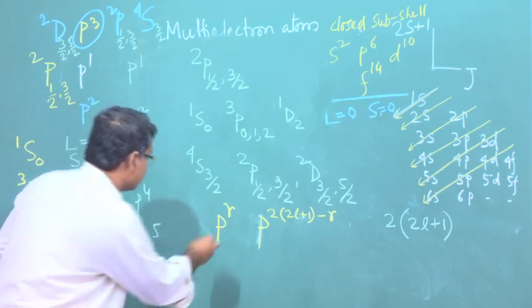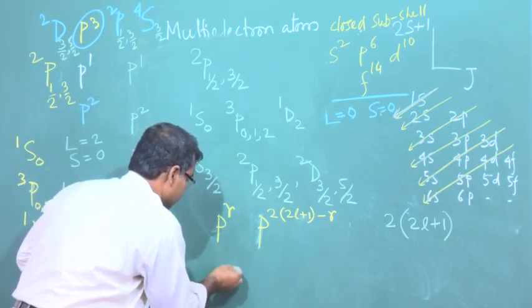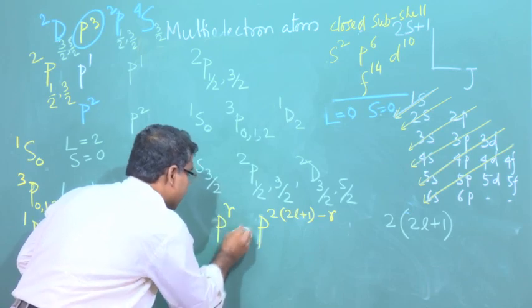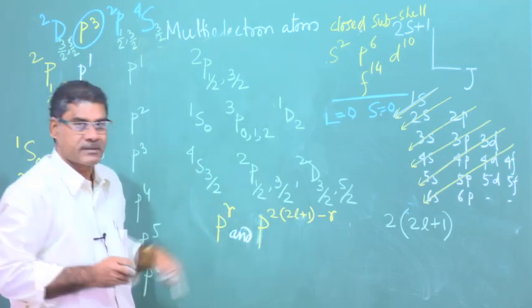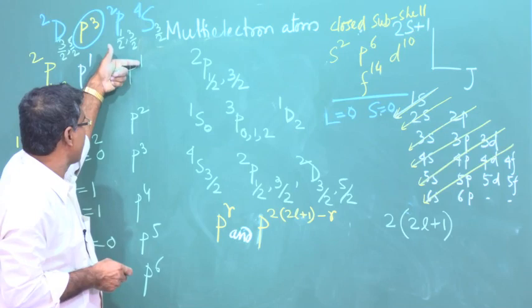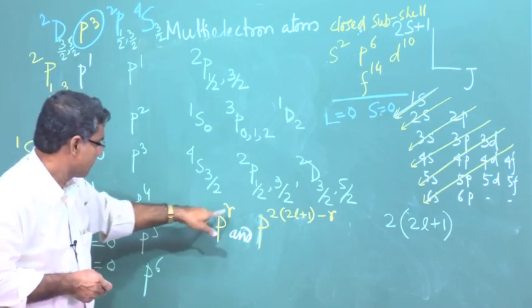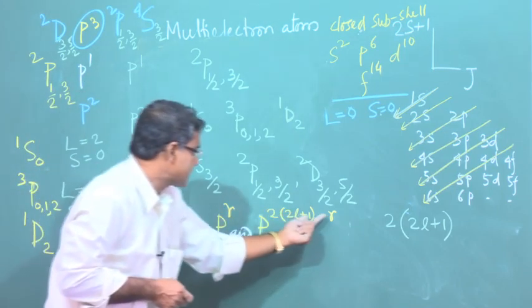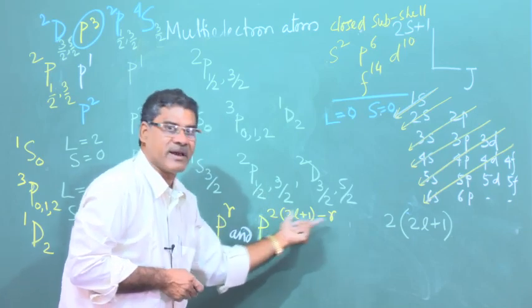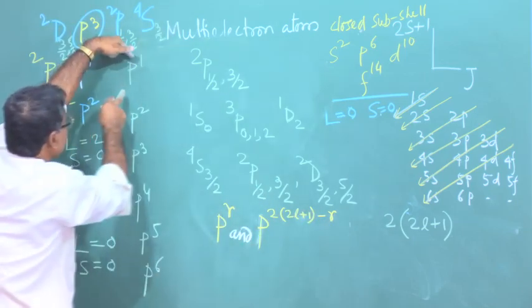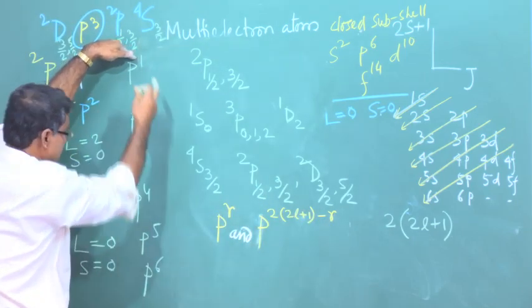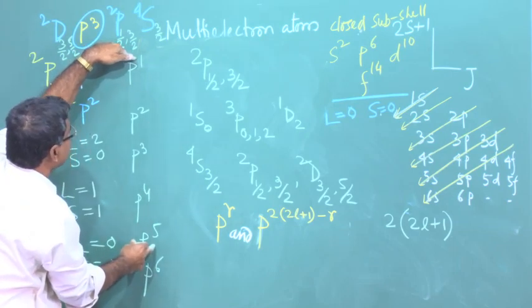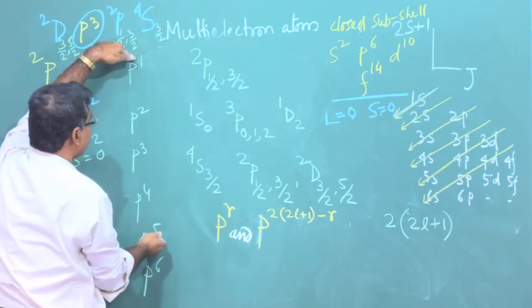Now in case of P1, this is 1 and this is 6 minus 1, 5. So whatever spectroscopic term for P1, the same spectroscopic term will be for P5.